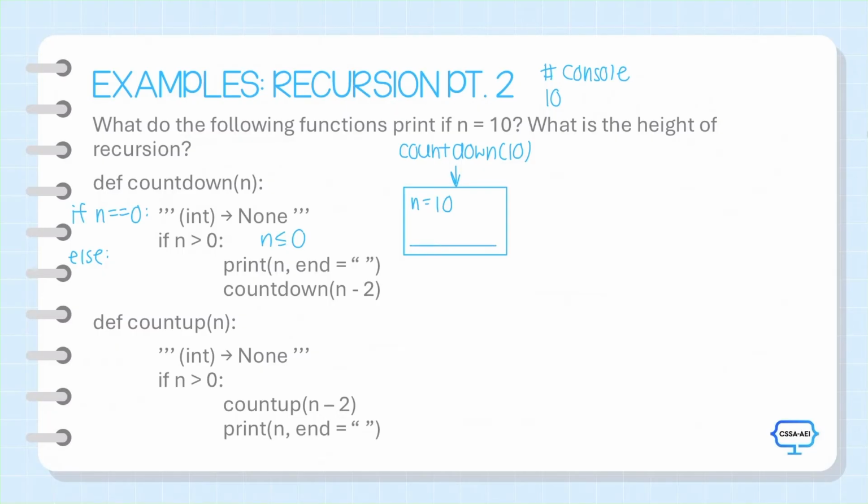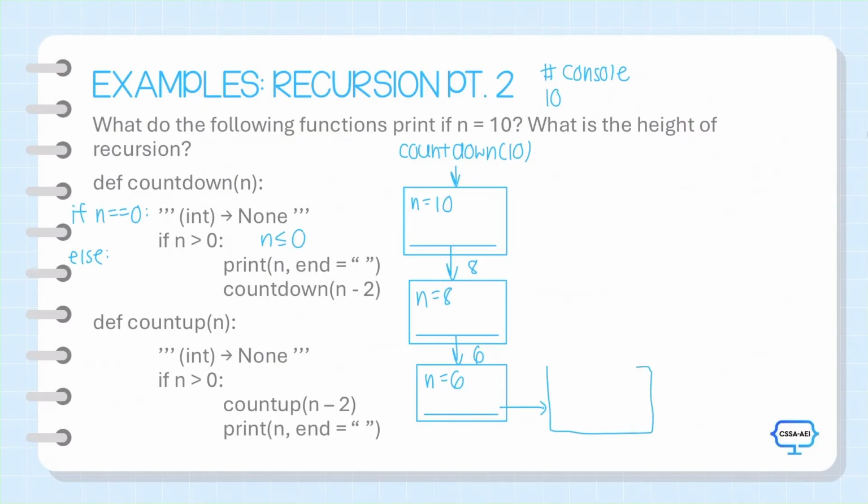So we're going to call and pass it n minus 2, which is 8. So n is 8 now. That is still bigger than 0, so we haven't reached our base case. We're going to keep going. So we're going to call 6. Still not our base case yet. So we're going to call 4.